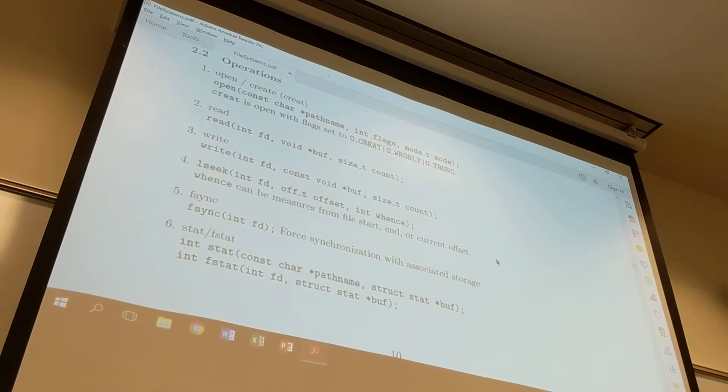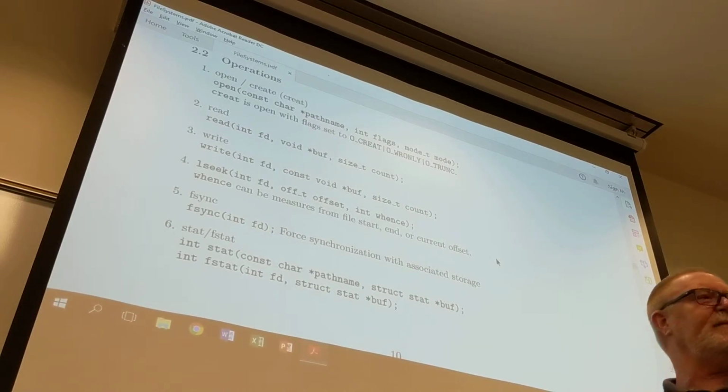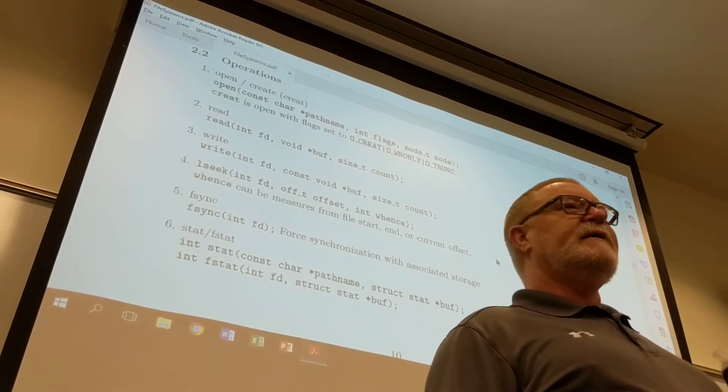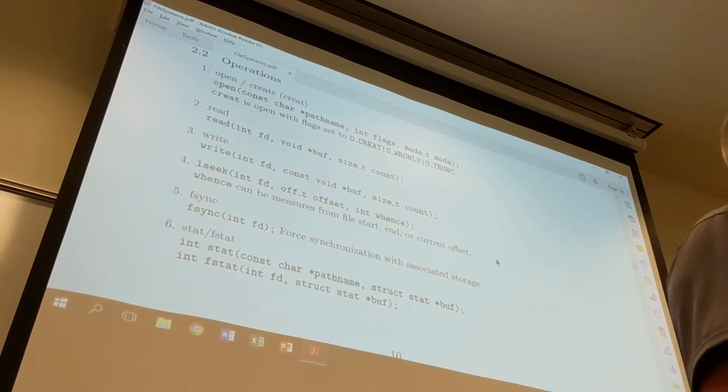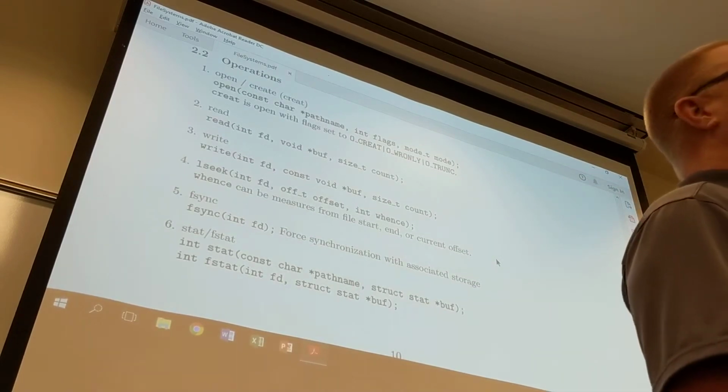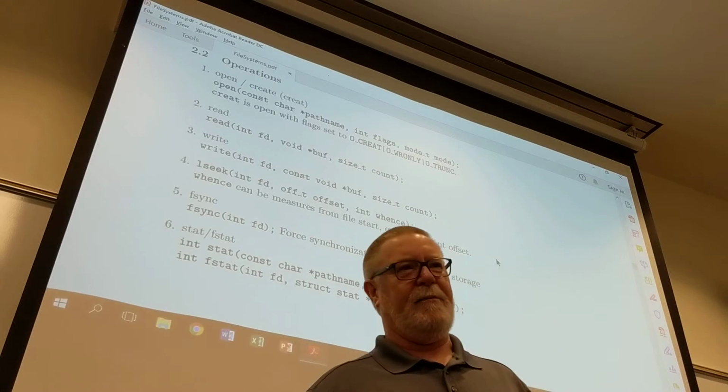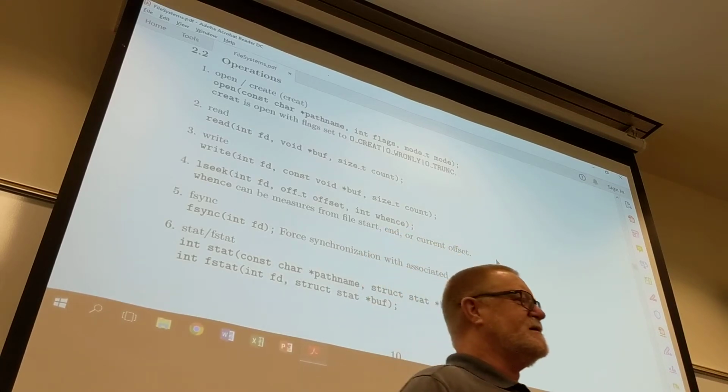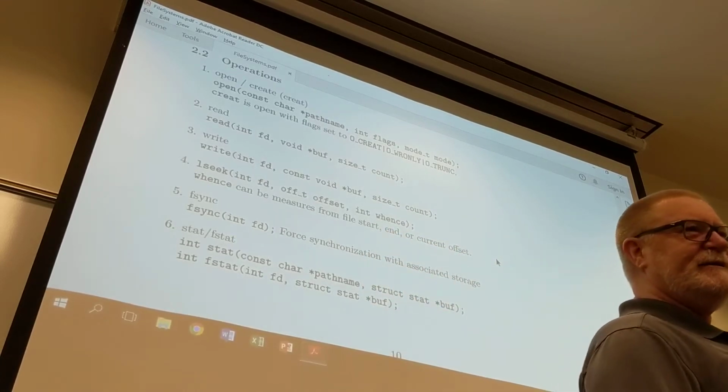Because the last argument is called whence, which is a very old term. It's really when we do the offset, it's relative to where. In other words, from whence we came is the phrase, which is very old English.